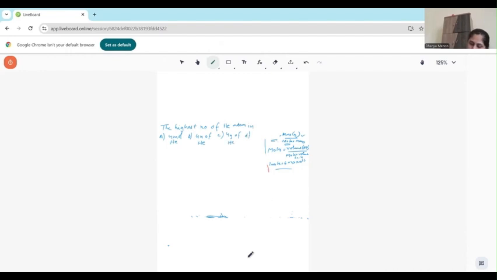D, 2.7 liter of helium at STP. So here you need to find out the highest number of helium atoms.